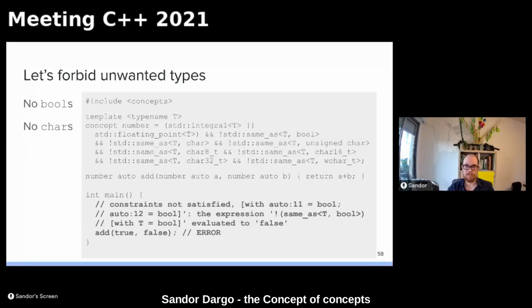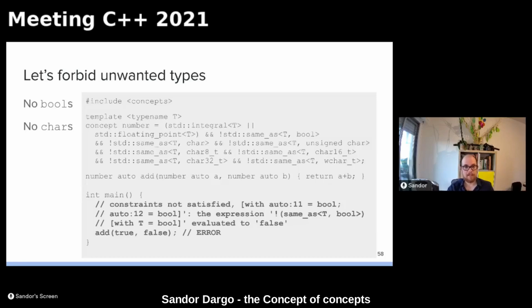So it shouldn't be the same as bool, it shouldn't be the same as character, whatever. This is quite verbose, but it does the job, and most probably you will need it only once in your code base if you really want to constrain that your templates cannot be called with whatever that is not a number.